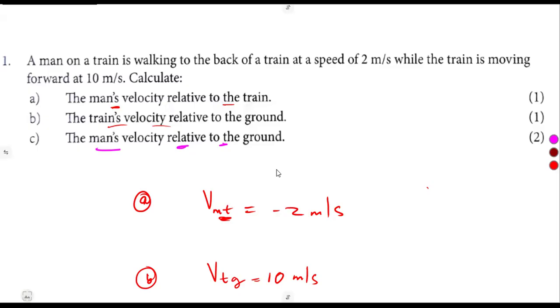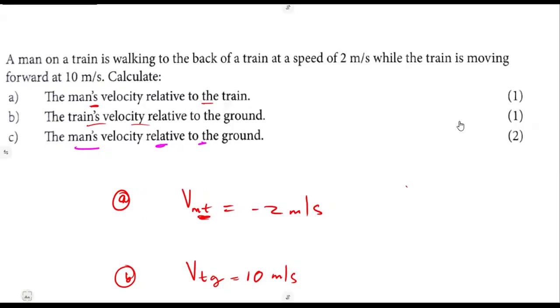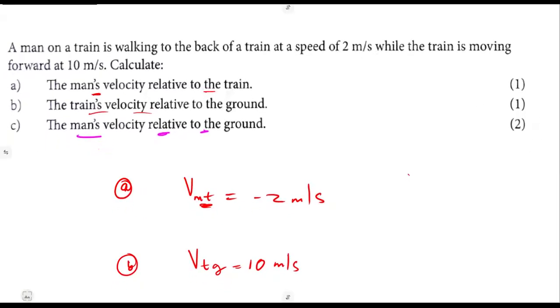Are we supposed to manipulate the first one? That is where we're supposed to work with our formulas and see where we can have the man relative to the ground. Which one are we going to take? Remember, when we have with respect to the ground, it is the same as we are having VM.